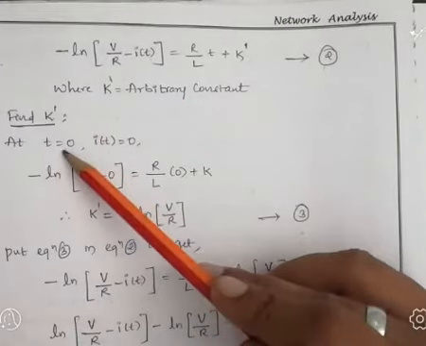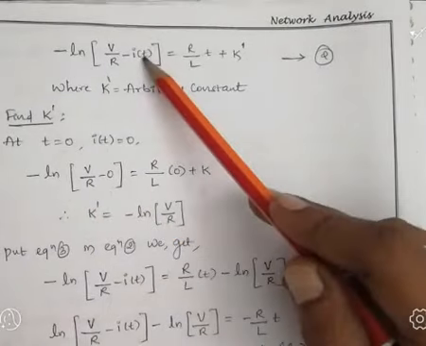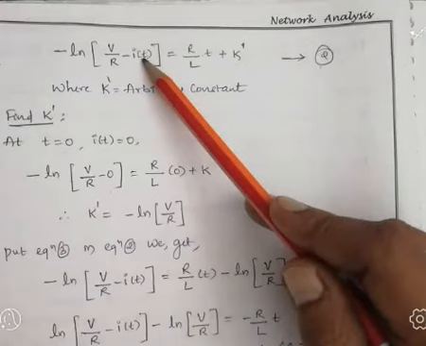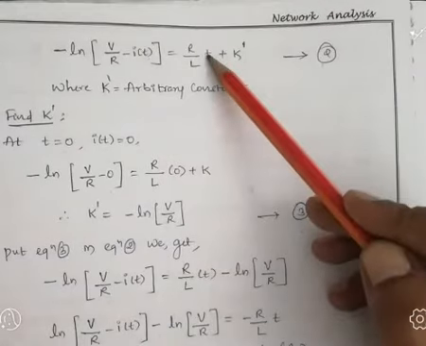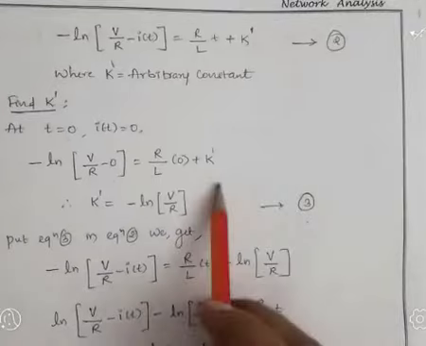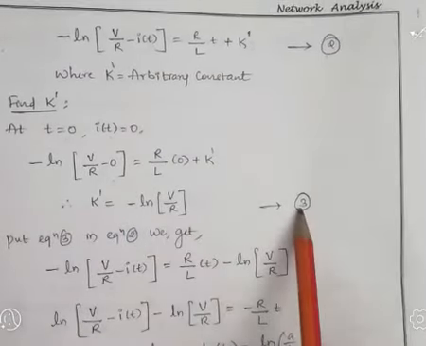Wherever t is there in the above equation, substitute 0. I of 0 is 0, and 0 multiplied by anything is 0. Next, K dash equal to minus ln V by R. So represent this as equation number 3.